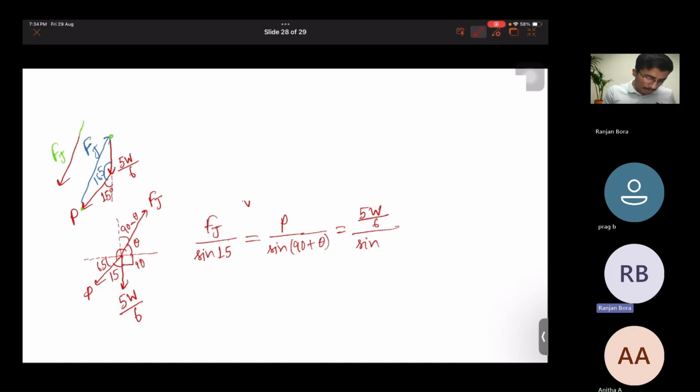So this will be 65 plus 90 minus theta, which will be 90 plus 90 is 180, plus 65 minus theta. So here, how many unknowns do we have? Fj is unknown and theta is unknown. Yes, we can solve it using Lami's theorem. We have two unknowns, and from Lami's theorem, we can construct two equations.